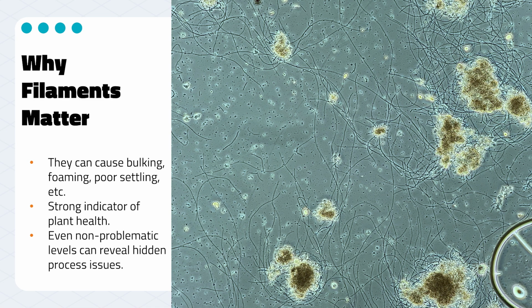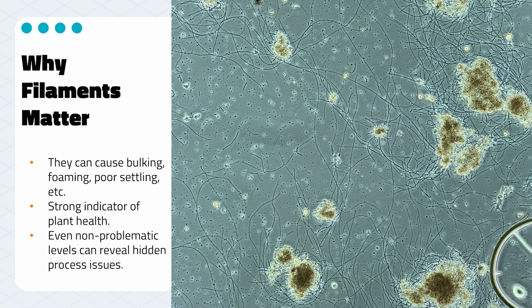So in general, why do filaments matter? They, in and of themselves, can be very problematic by physically causing bulking, foaming, and poor settling. But furthermore, they are indicators of health issues, and they're very strong indicators at that. Filaments will generally only develop and form under specific environmental conditions.